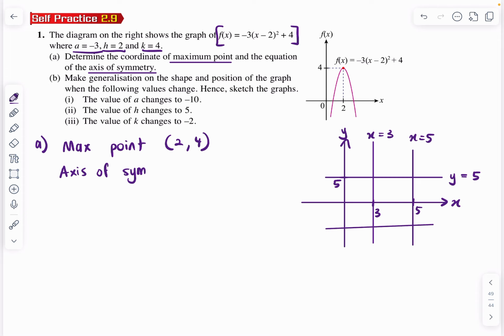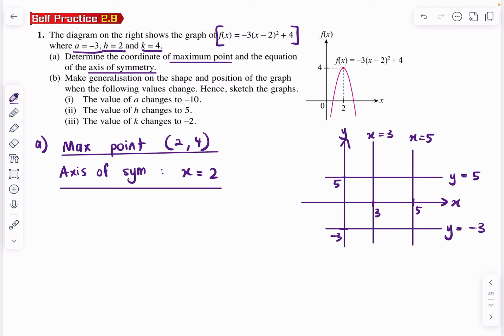If it cuts through maybe -3, this will become y is -3. So for horizontal lines, it's y equals to something. Vertical lines is x equals to something. So in this case, this vertical line will be x equals to 2. This will be our answer. Done.